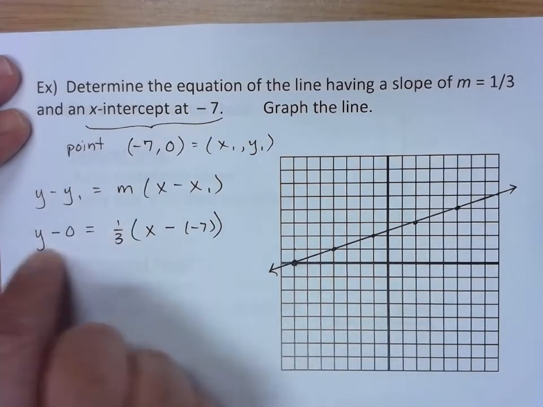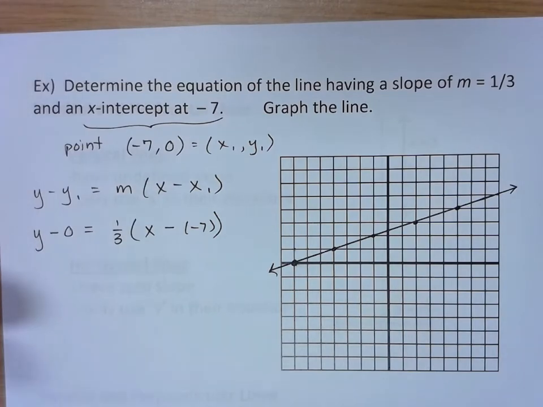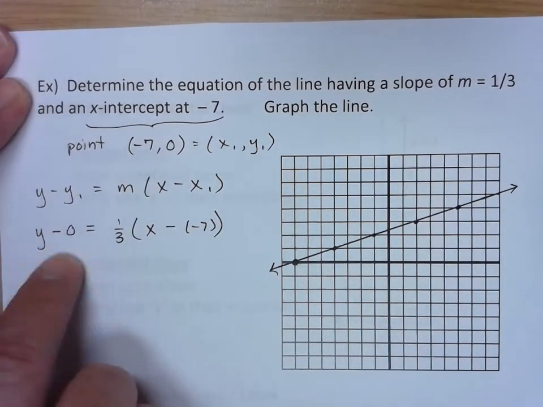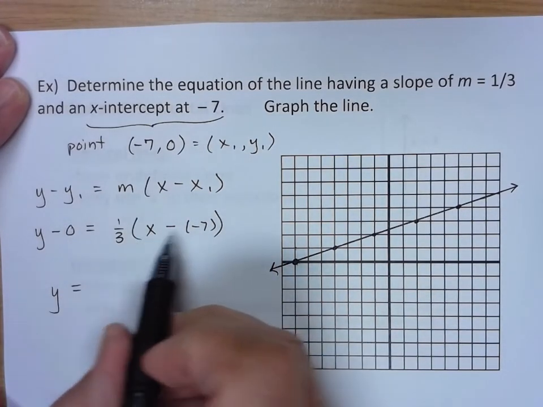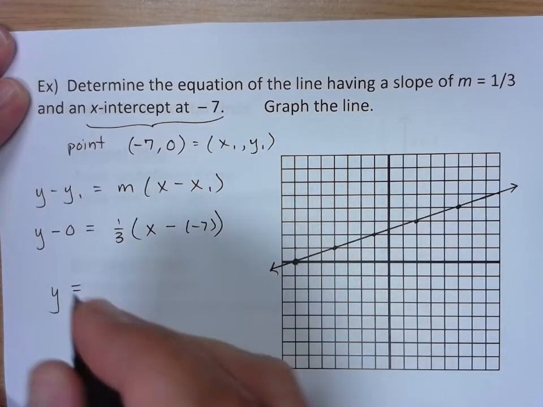So again, there's your point-slope form for the line's equation. You're looking to always end up in slope-intercept form. So I want to solve this for y, and notice you got a 0 with the y, so technically the y is already by itself. All you need to do is distribute the 1/3 through to here, and keep in mind minus negative means plus.